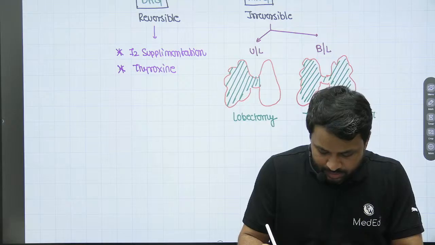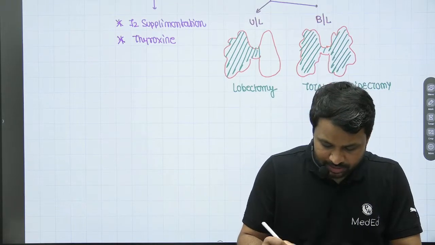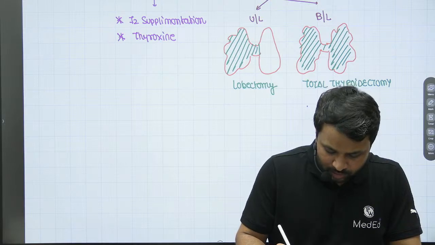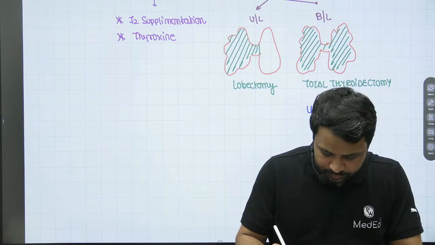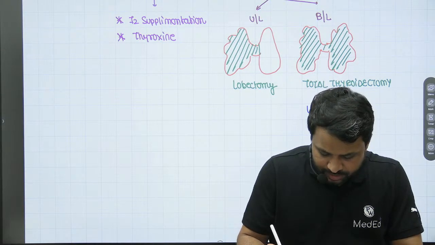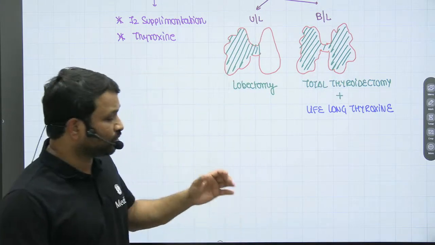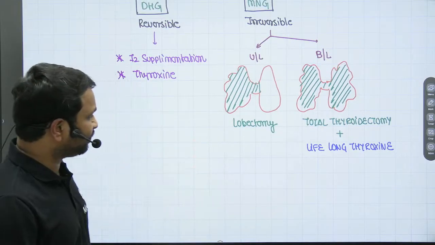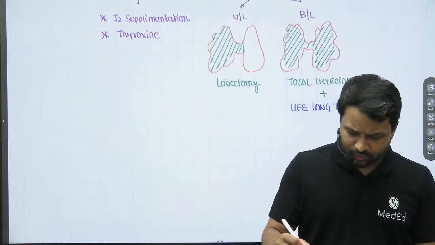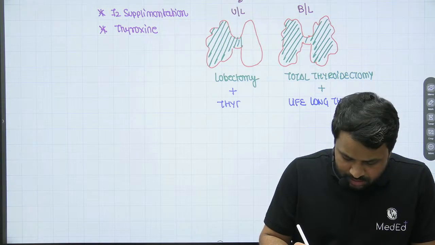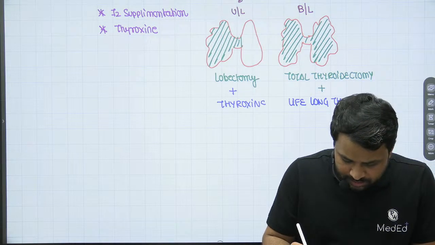Whenever you do a total thyroidectomy on any patient, there's a dictum that I am going to give this patient lifelong thyroxine, because there is no other way the patient can synthesize the hormone. To supplement that, we have to give lifelong thyroxine. Post lobectomy also we give thyroxine, but later on we are going to wean this off once it is compensated.